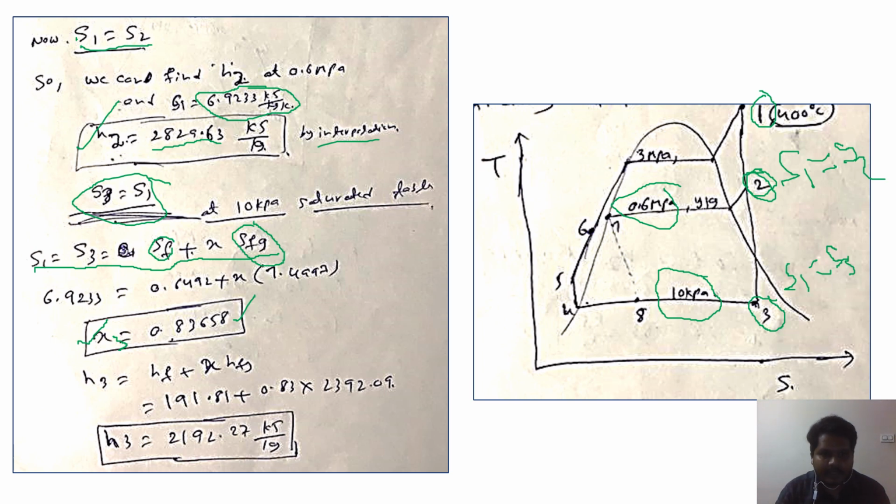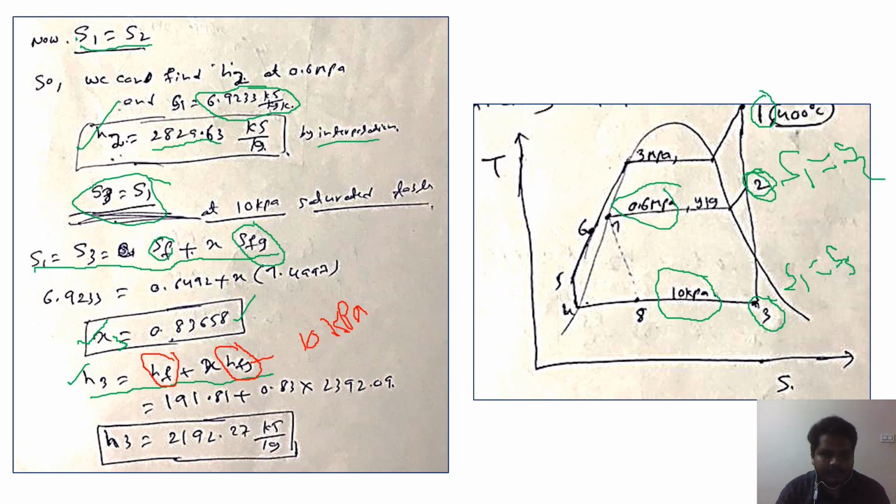Now we can find the enthalpy at point 3. So that is h3 equals hf plus x times hfg. Again, here also we have to take the hf and hfg values from the saturation steam table at a given pressure of 10 kilopascal.